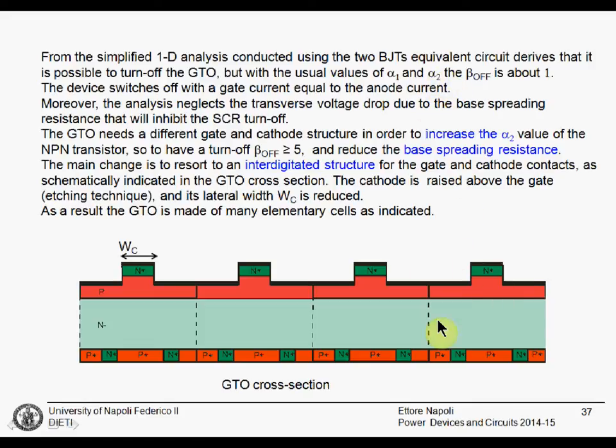They reduce the gain of this NPN transistor, and they will improve the voltage derivative capability of the thyristor unit turn-off. But this is forbidden for a GTO, because in a GTO we want to have a large alpha 2 value. Then no cathode shorts, maybe anode shorts from this other side to reduce the gain of alpha 1, but not reducing the gain of alpha 2.